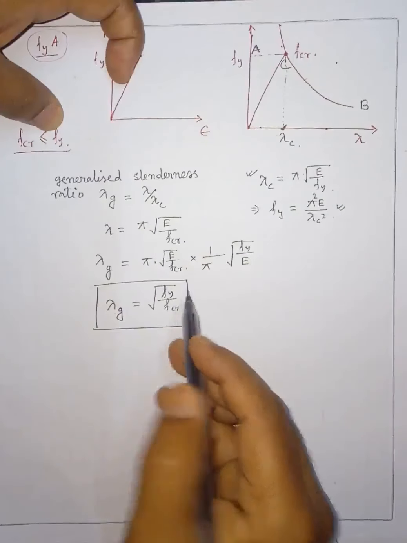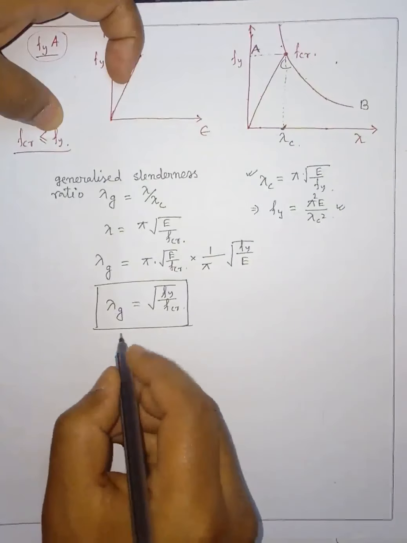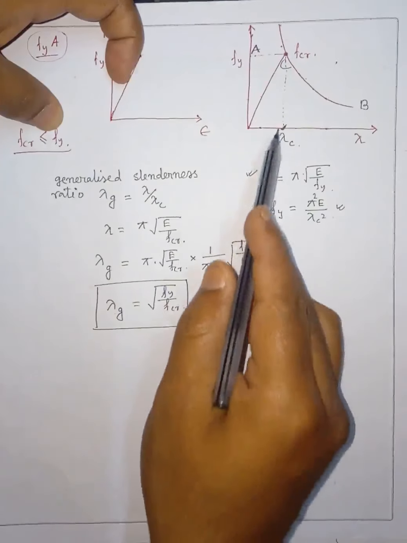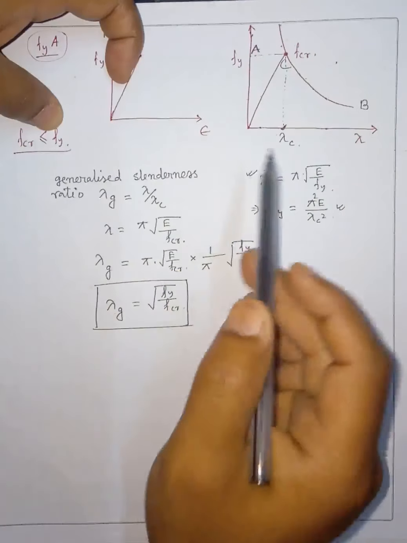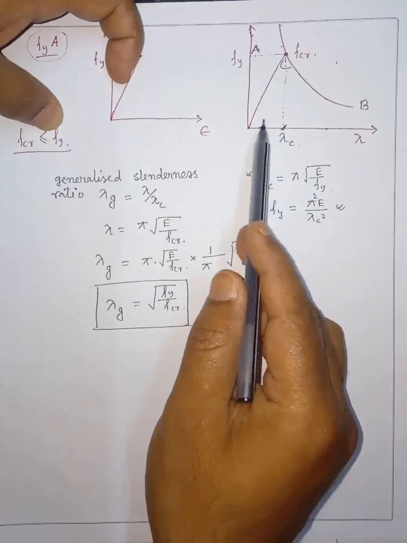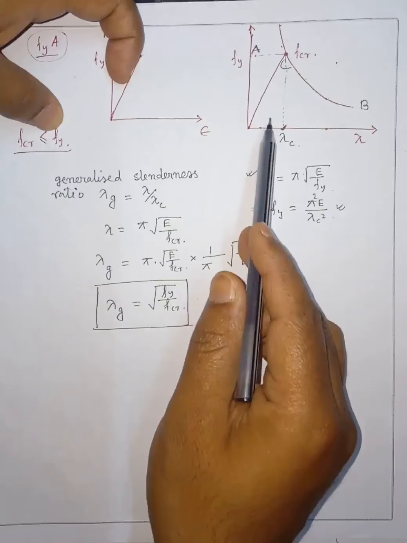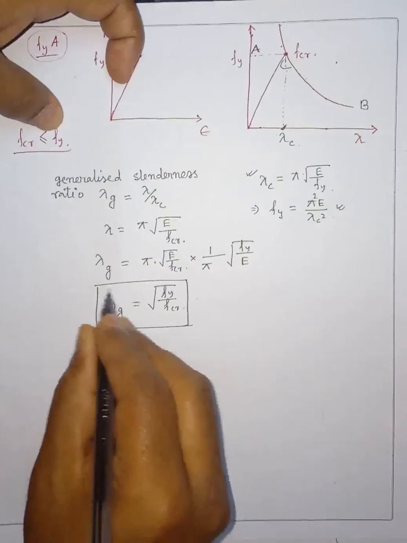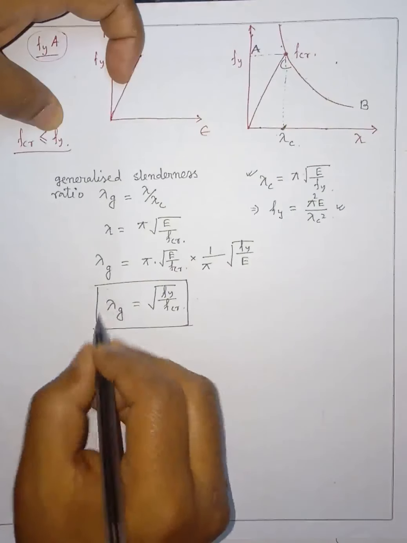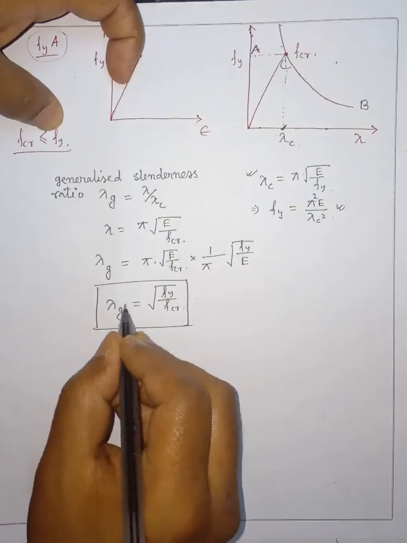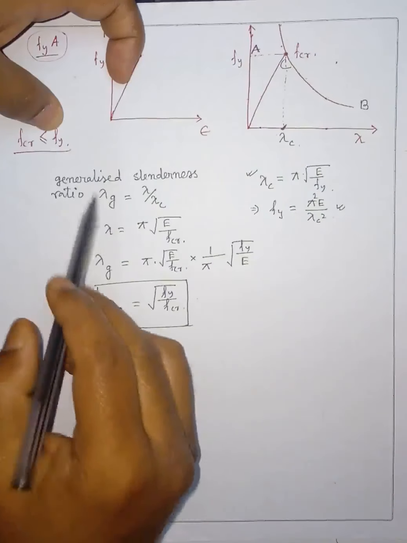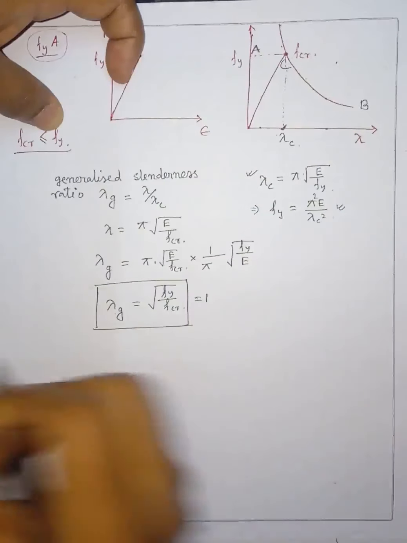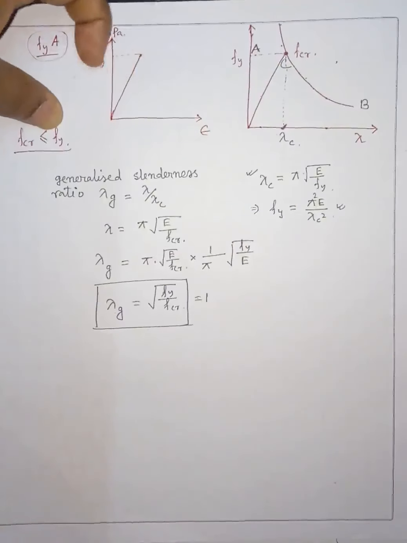So from this curve we can say, for the changing point which demarcates the long column behavior and short column behavior, this ratio, called the non-dimensional slenderness ratio or generalized slenderness ratio, should be equal to 1.